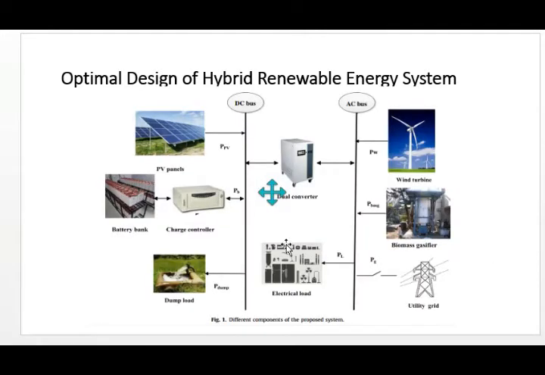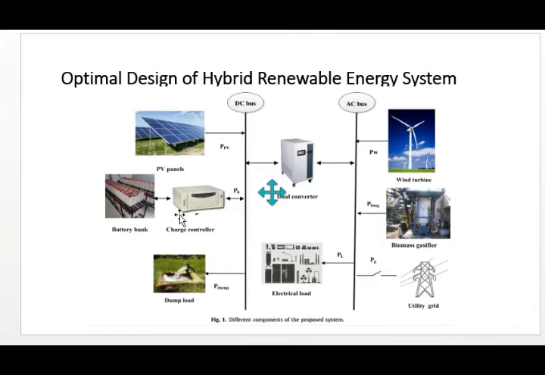So the basic structure of our hybrid renewable energy system will be like this, as shown in this figure. Here is a DC bus, and on the other side, this is a generic diagram of a hybrid renewable energy system, and there is a second bus, this is the AC bus. The DC bus will be connected to the PV modules.